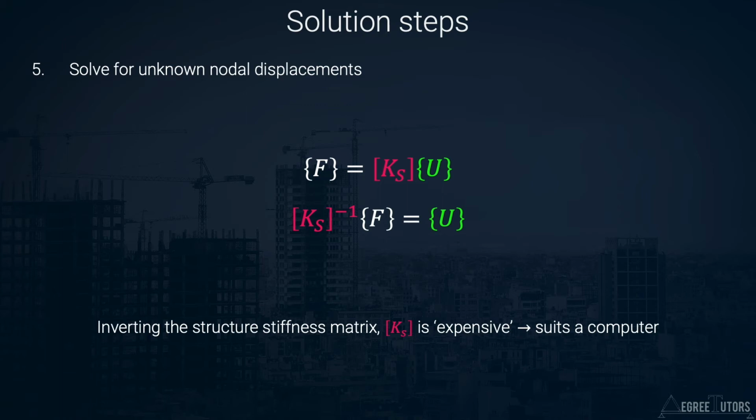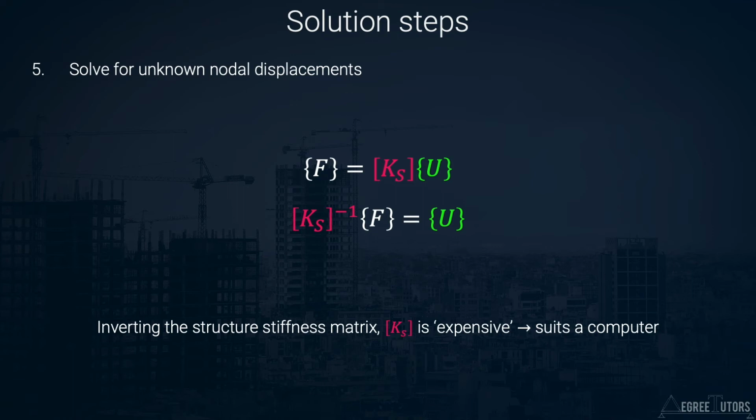It's this process of inverting the matrix, and it's quite a computationally expensive process. Nevertheless, it takes very little time for the computer to do it. So once we set it up in the computer, it will process that inversion, and we can get our nodal displacements out relatively easily actually.